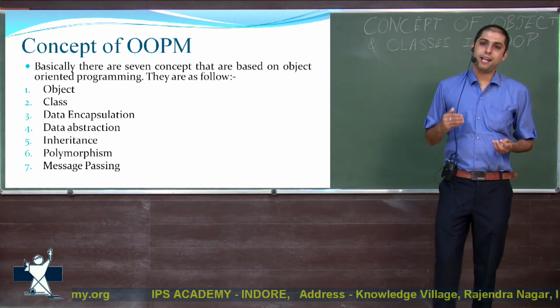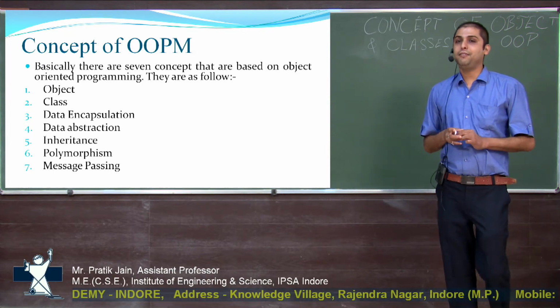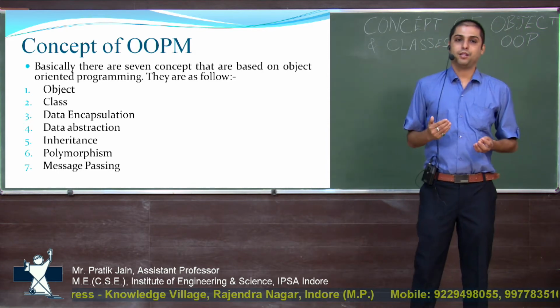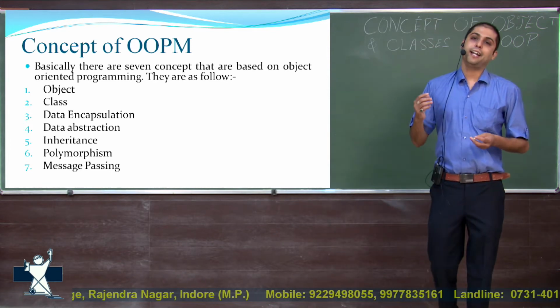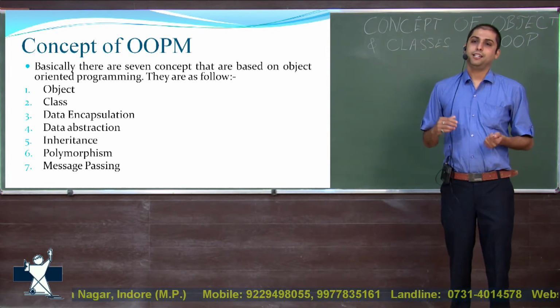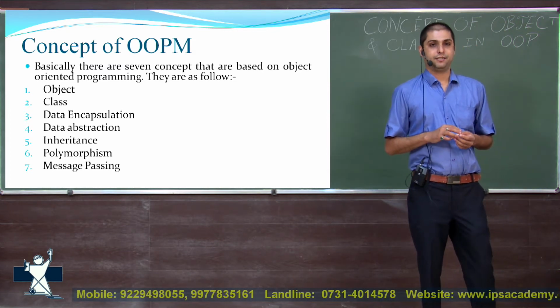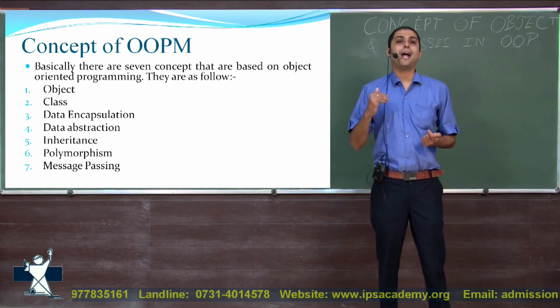By encapsulating the data, we can wrap the data and we can secure our data from the outside world. We can provide access specifiers to all the member functions and data members so that they can be made public, private, and protected. So data encapsulation is very important to hide the data.